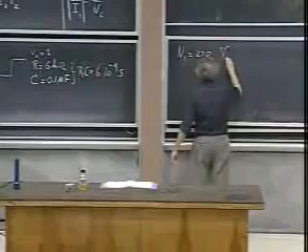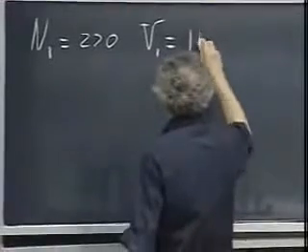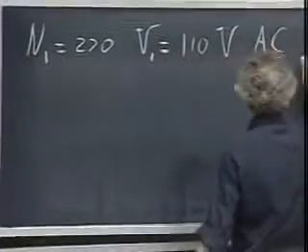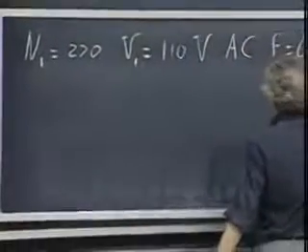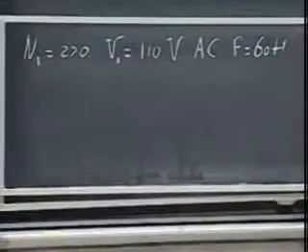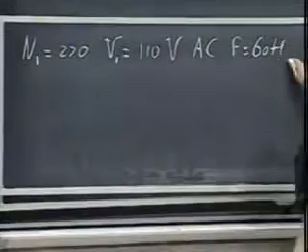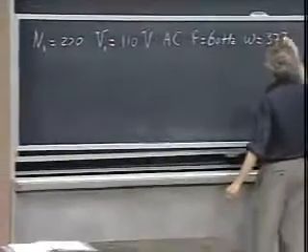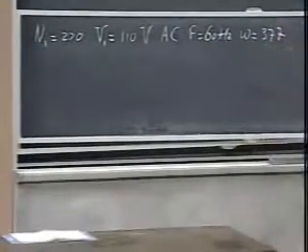And V1 is 110 volts, and it is AC, it has to be. The frequency is 60 hertz. It's just what we get out of the plug here, like you get it in your dormitory. That means omega is about 377, is 2 pi times f.